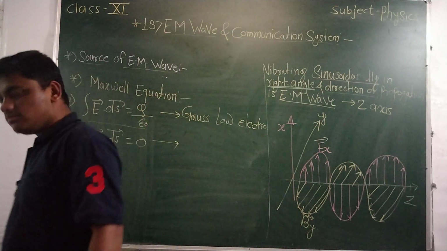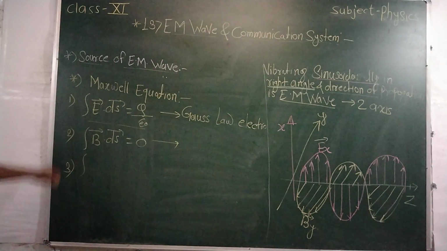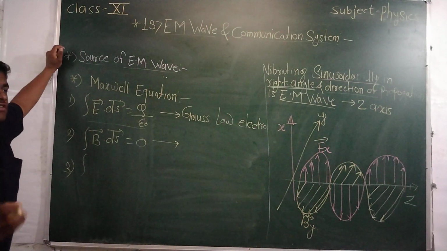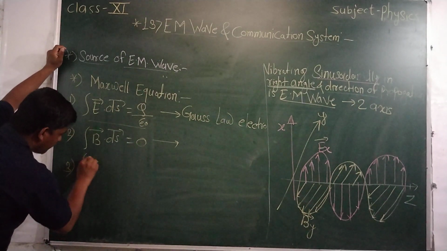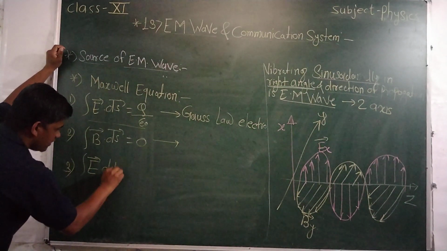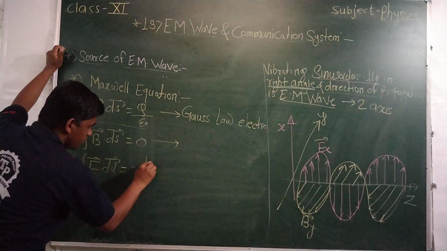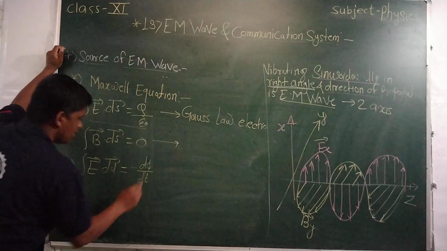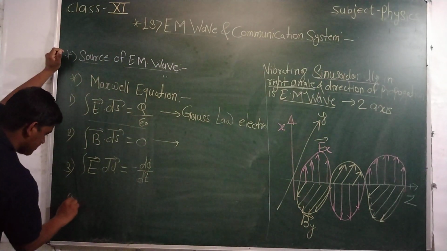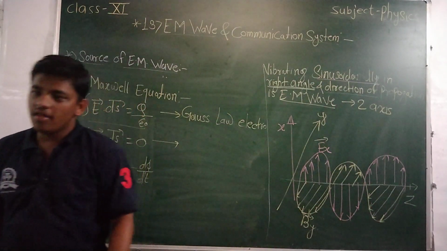The combination of two laws, Faraday's law as well as Lenz's law, gives the third Maxwell equation, which is here. And the last Maxwell equation is there.